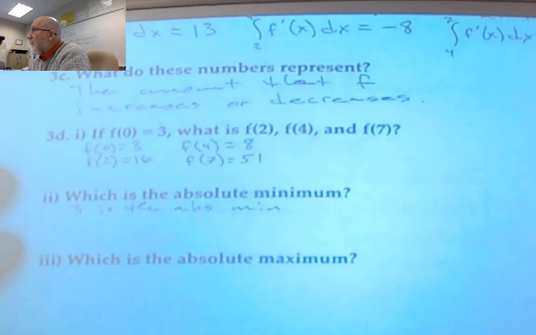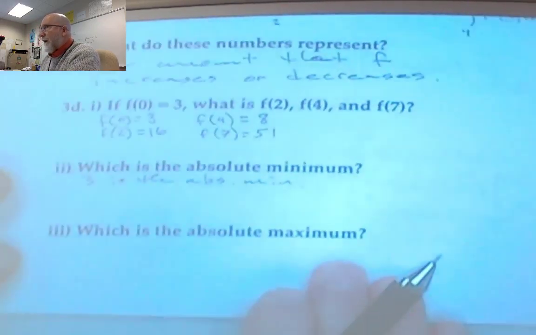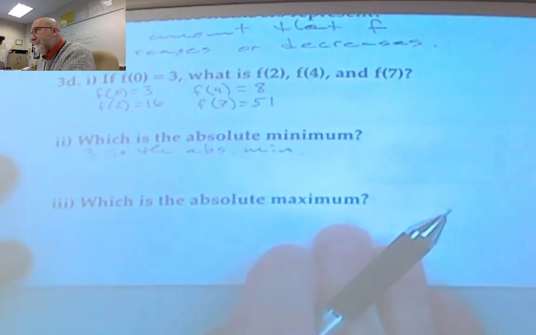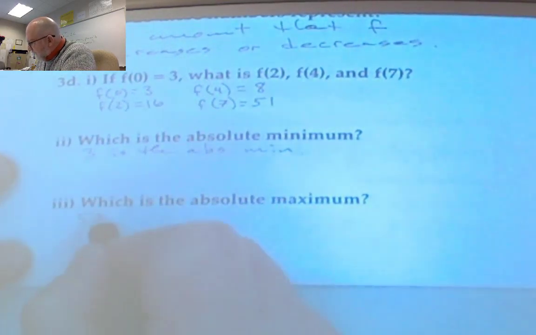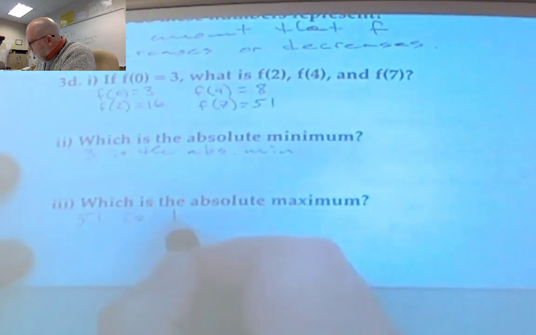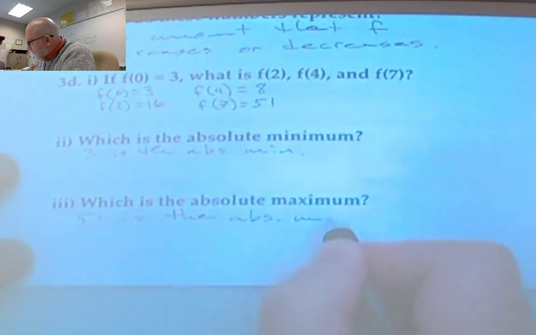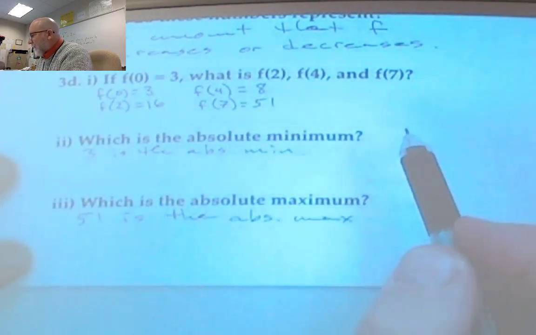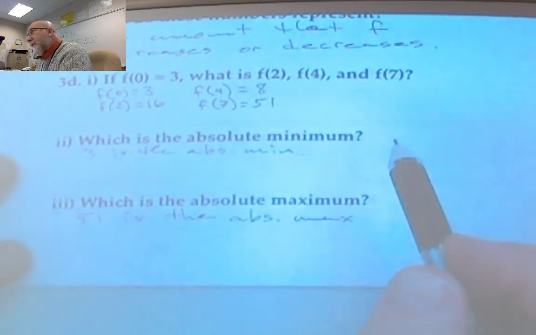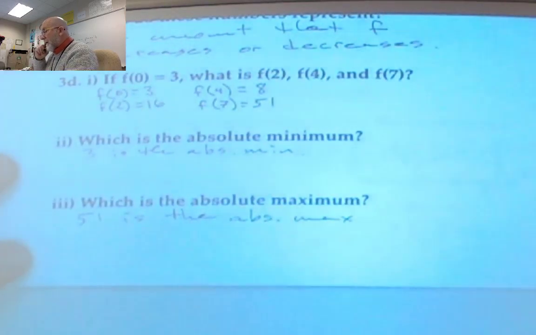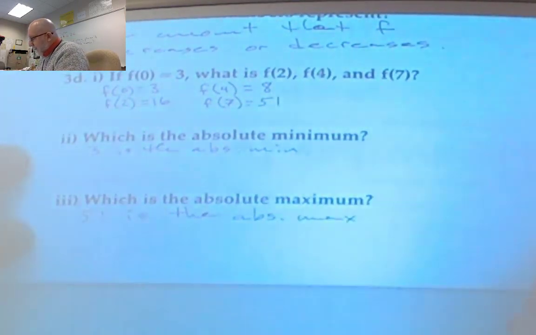You're right, at the endpoints, correct? And this endpoint is smaller than all the rest. Okay. What's the absolute maximum, Emma? Since f is continuous and differentiable, correct? Or continuous, it doesn't have to be differentiable. And a closed interval.